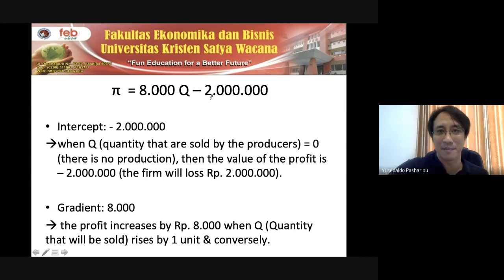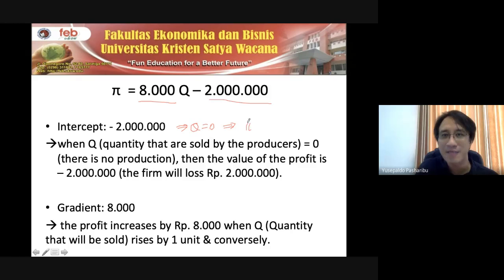This is the intercept, and this is the gradient. The intercept is minus 2 million. When Q, the quantity sold by the producer, is 0, then what happens to the profit? The profit P equals minus 2 million.